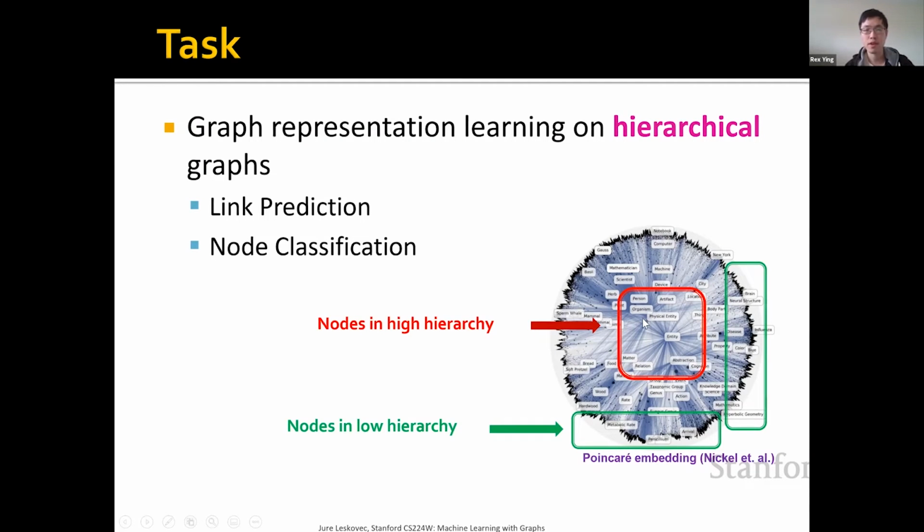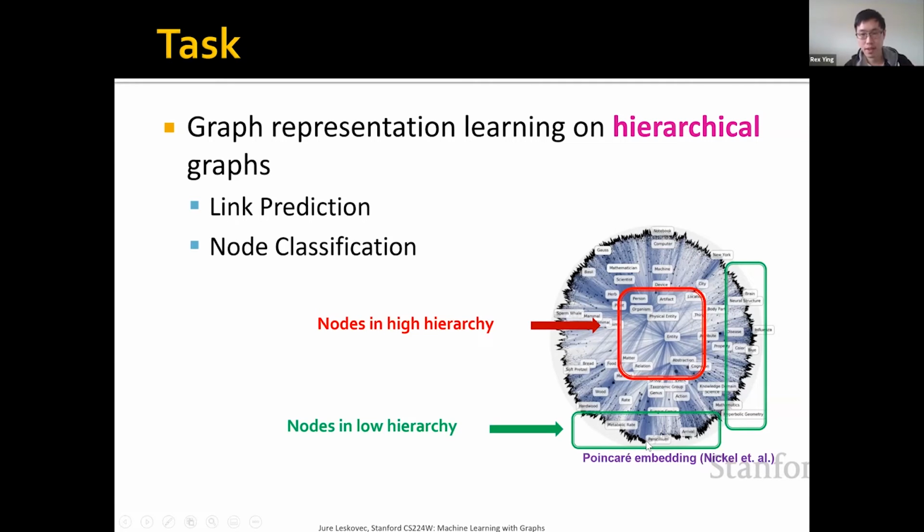These are all very abstract and high-level nodes that can contain many, many different children. And towards the edge of the embedding space, exponentially many entities can be embedded there. These are typically nodes that are in the lower hierarchy or towards the leaves of the tree-like graphs.